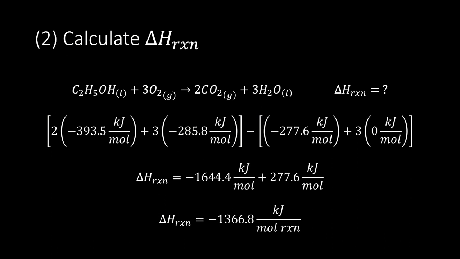Therefore, the heats from the product side minus the heats of the reactant side ends up becoming negative 1644.4 plus 277.6, or negative 1,366.8 kilojoules per mole, or more specifically per mole of reaction. Every time a mole amount of this reaction occurs, it's going to release negative 1,366.8 kilojoules of energy.